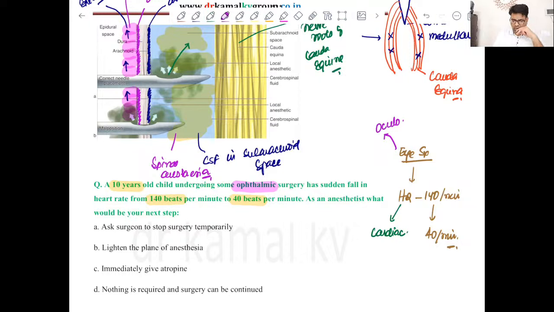So actually this phenomenon is known as oculocardiac reflex, right? Whenever we are operating on the eye, and if there is some pressure over the eyeball, or some pressure over the extraocular muscles, there tends to be a reflex fall in the heart rate, right?